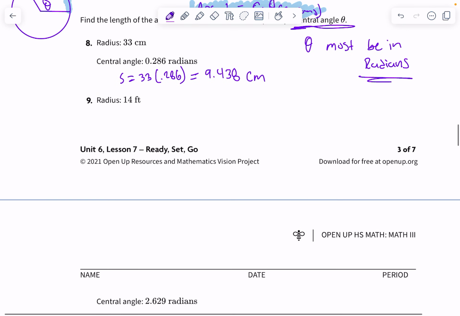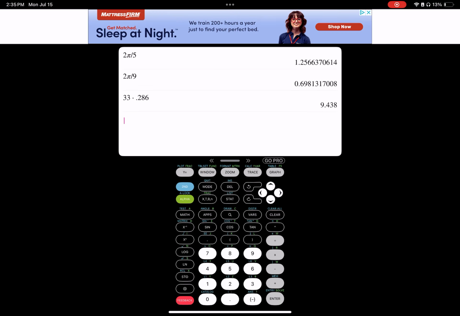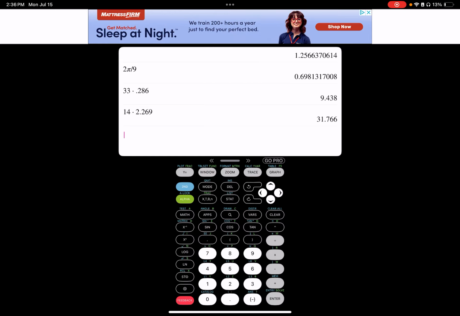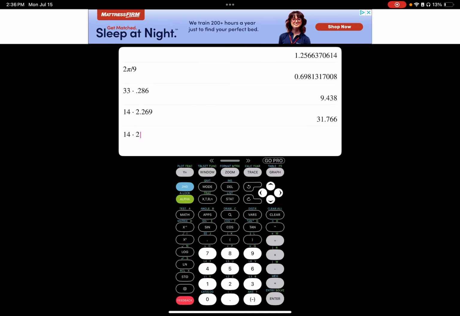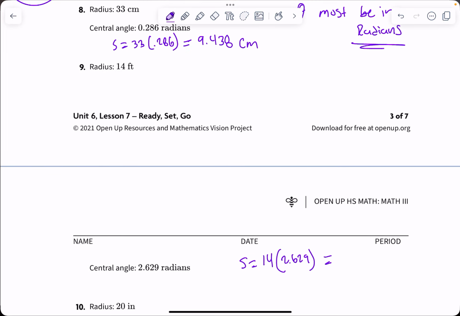Now I have that S is equal to 14 feet times 2.629. Okay, so again, 14 times 2.629, which is equal to 36.806.